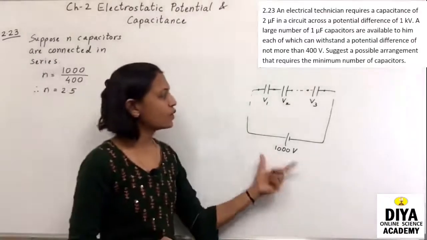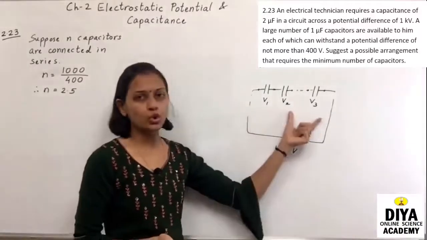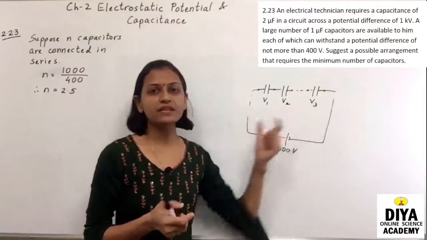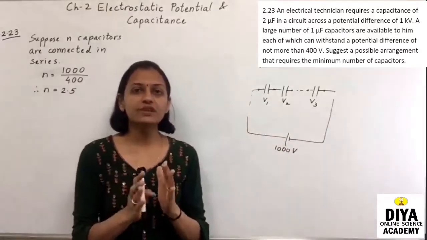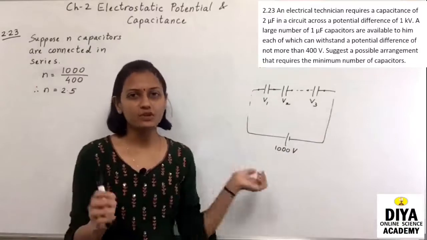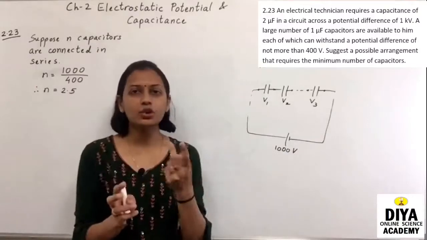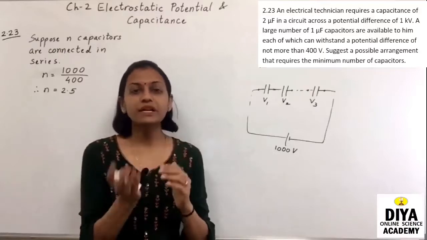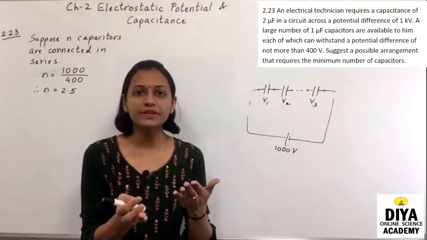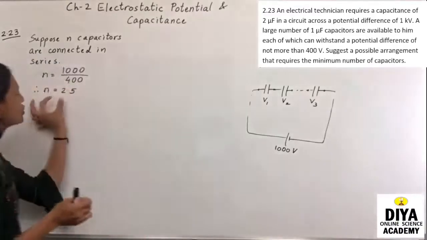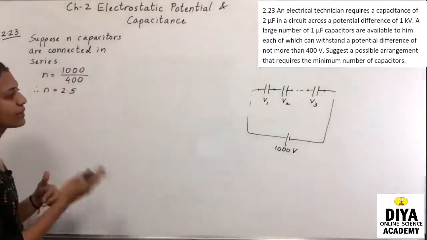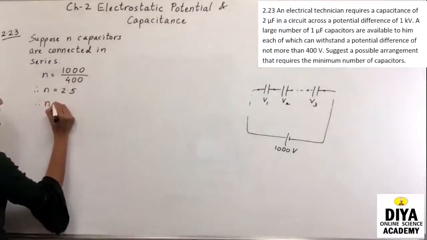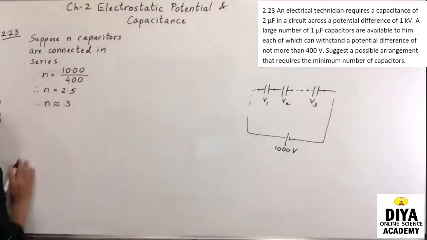So 1000 volt will be divided into 2 capacitors, so each capacitor will have a potential difference of 500 volt across its 2 plates, but that is beyond its limit. So we cannot take 2. We cannot round down. We have to round up, right? So we will write n equals 3.